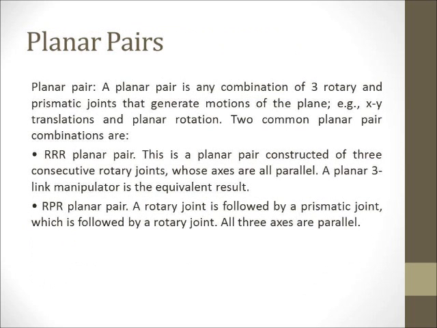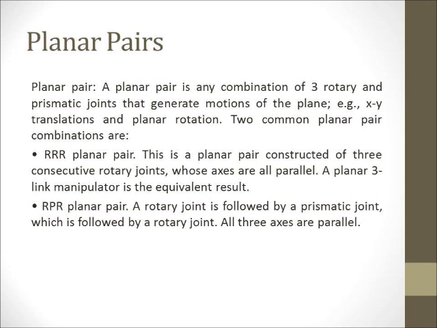Let's see what planar pairs means. A planar pair is any combination of three rotary and prismatic joints that generate motions of the plane, for example, x, y translations and planar rotation. Two common planar pair combinations are RRR, or triple R planar pair. This is a planar pair constructed from three consecutive rotary joints whose axes are all parallel.